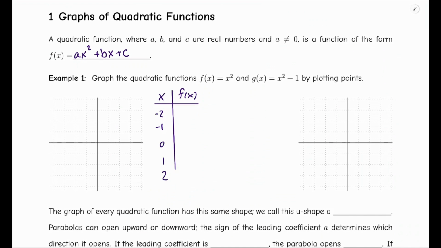I normally pick these 5 values, but you can pick any values you want. Now f of x is equal to x squared, so I square all those values. Negative 2 squared is 4, negative 1 squared is 1, 0 squared is 0, 1 squared is 1, 2 squared is 4. And now let's go ahead and plot these.